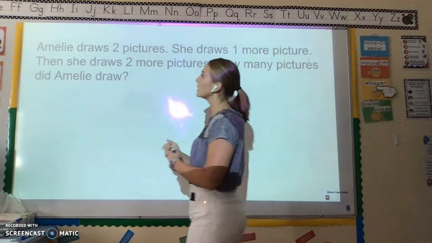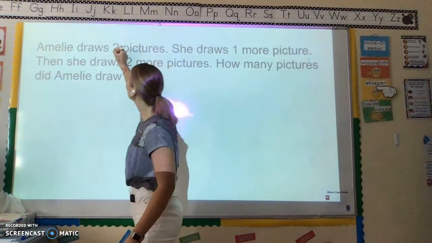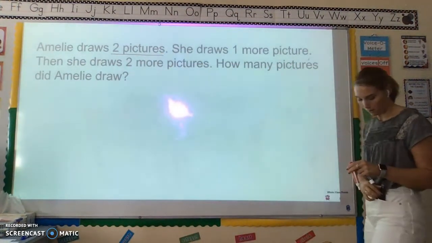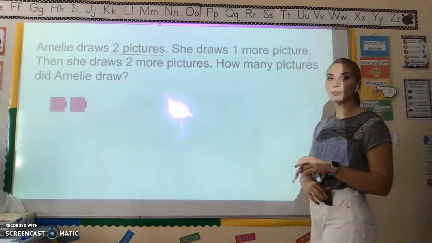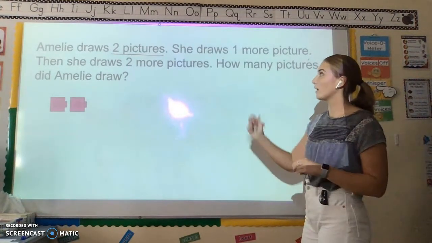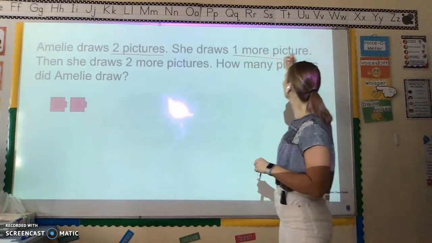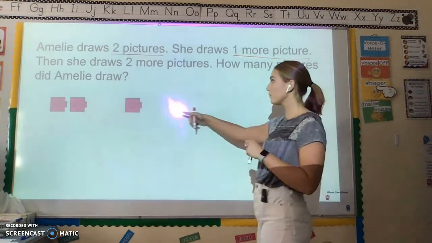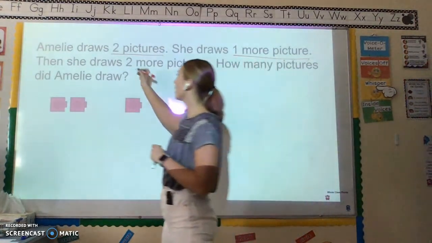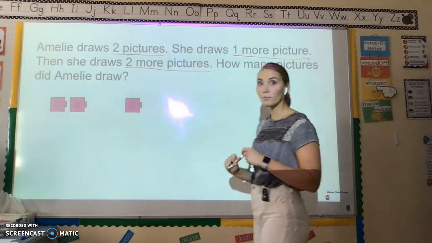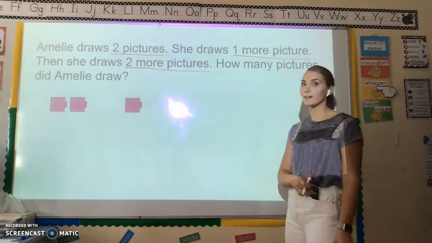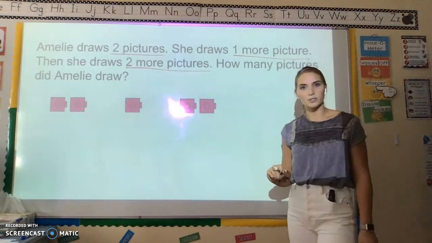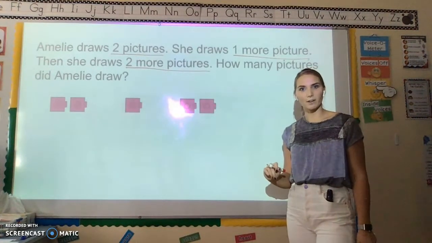So first, we saw that Amelie draws 2 pictures. So let's build that, boys and girls. 1, 2 pictures. Then we saw she drew 1 more picture. Let's build it with our blocks. 1 more. Then she draws 2 more pictures. Let's build it. 1, 2 more pictures. How many pictures did she draw all together?